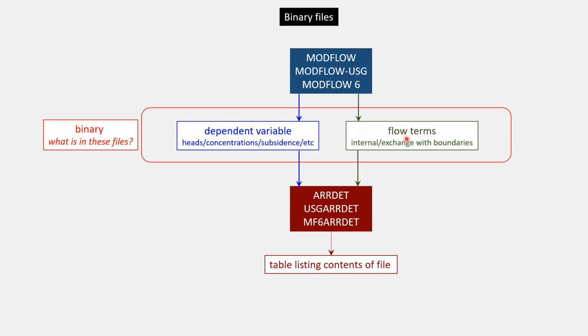Each one of these files contains many arrays: arrays of dependent variables, arrays of flow terms. Each one of these arrays is preceded by a header. These RDET programs list the contents of these headers, and those headers tell you what's in the array that follows each header. So let's run RDET. We type its name at the screen prompt. It asks for the name of the grid specification file for the current structured grid model.